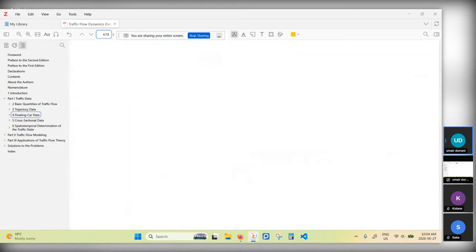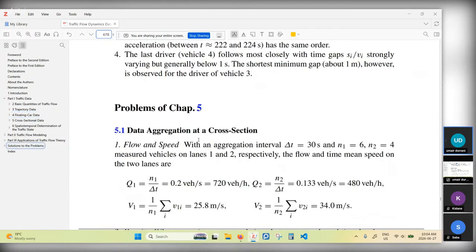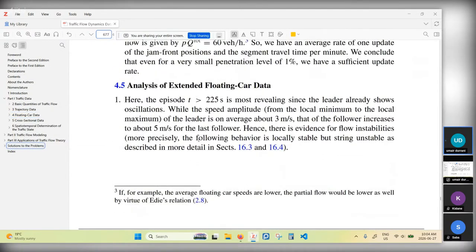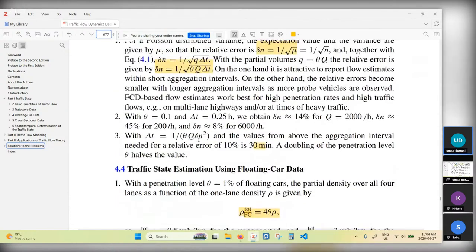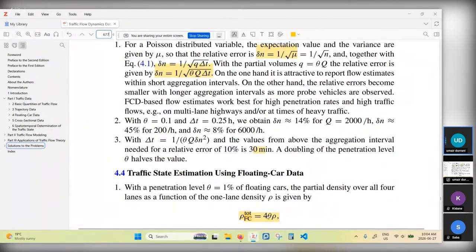I believe it is 678. No, 677. So here is the solution for the first one. It says with a penetration level of 1% of floating cars, the partial density over all 4 lanes as a function of the 1 lane density rho is given by theta times the actual density, and we also multiply it with 4.